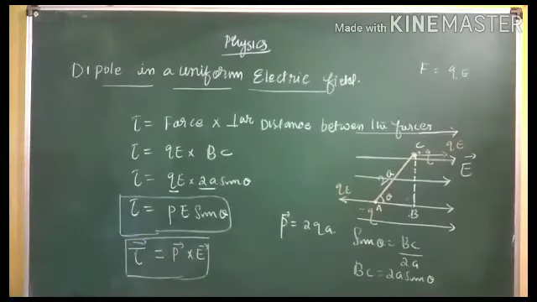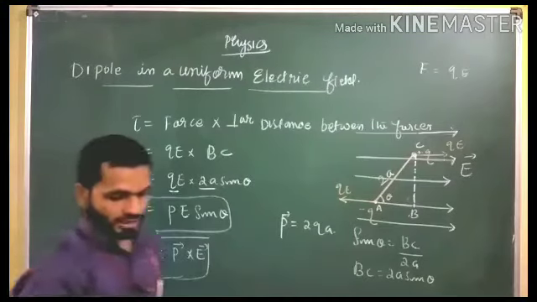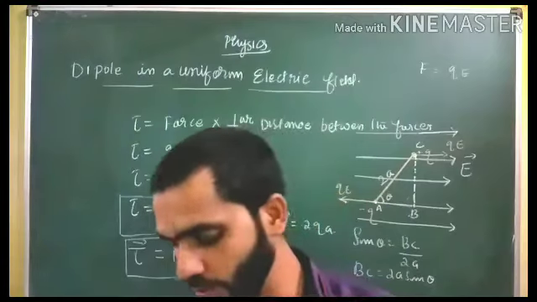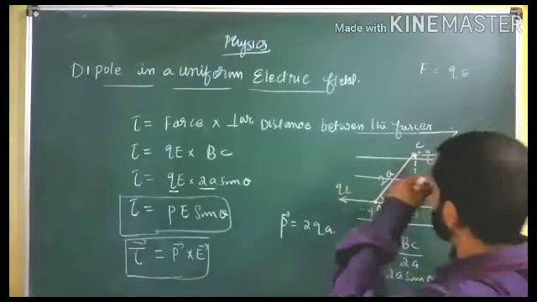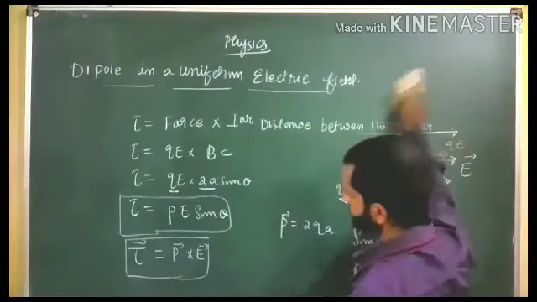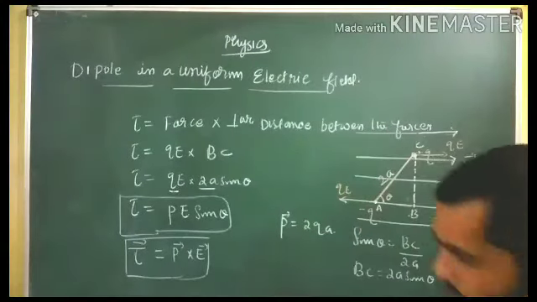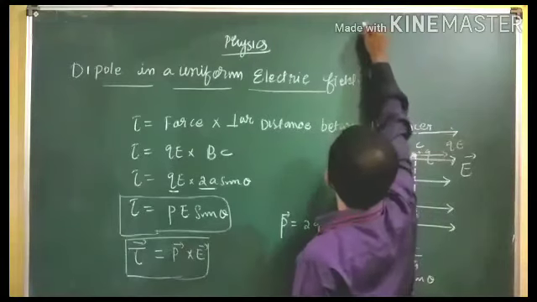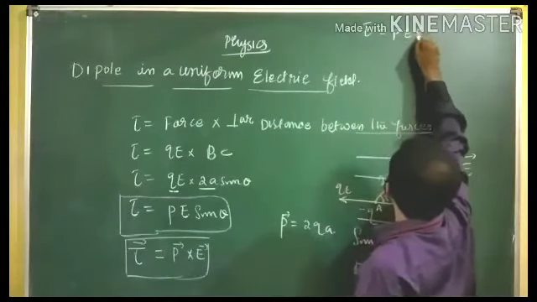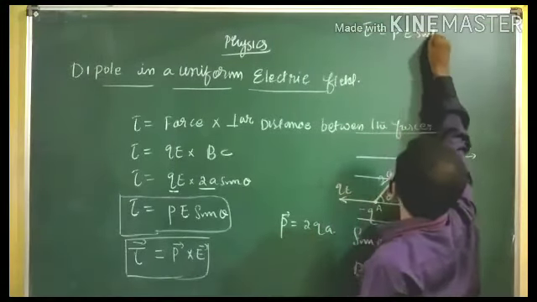Now we have to discuss the special cases, that is, when this torque will be maximum and when it will be minimum. That we are going to discuss here. So the torque equation came as torque equal to p E sin theta.